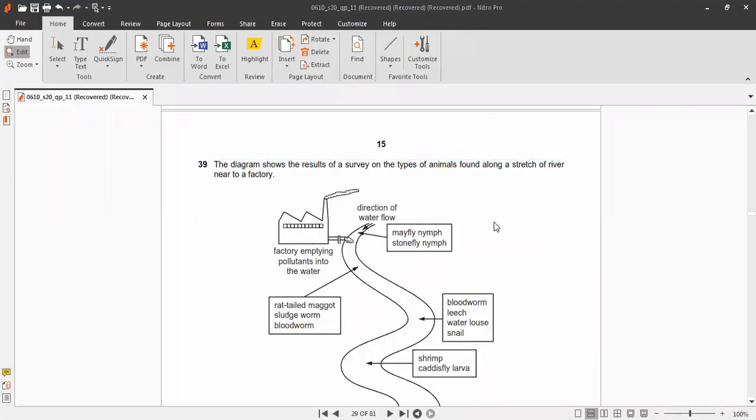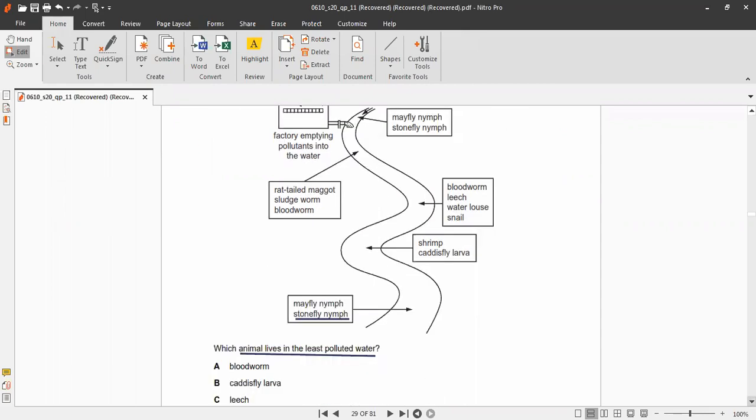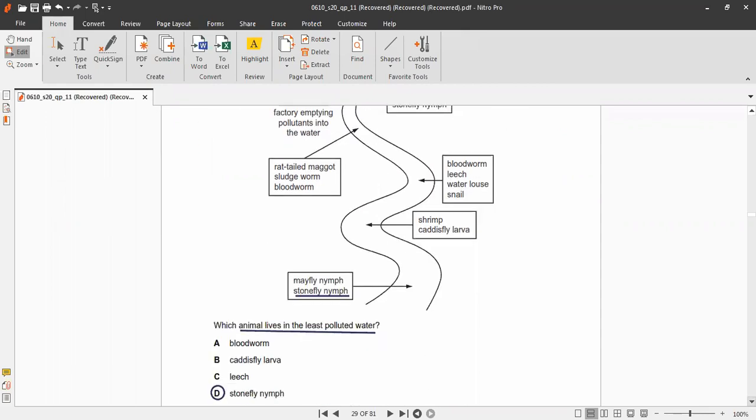The diagram shows the results of a survey on the types of animals found along a stretch of river near a factory. Which animal lives in the least polluted water?